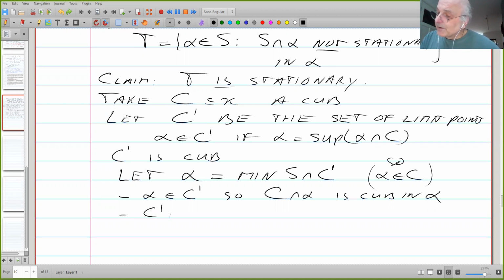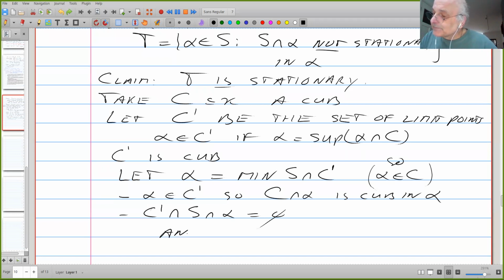C prime intersect S intersect alpha is empty. Why is that? Well, because alpha is the minimum of C prime intersect S. Anything below alpha is not in the intersection of both.